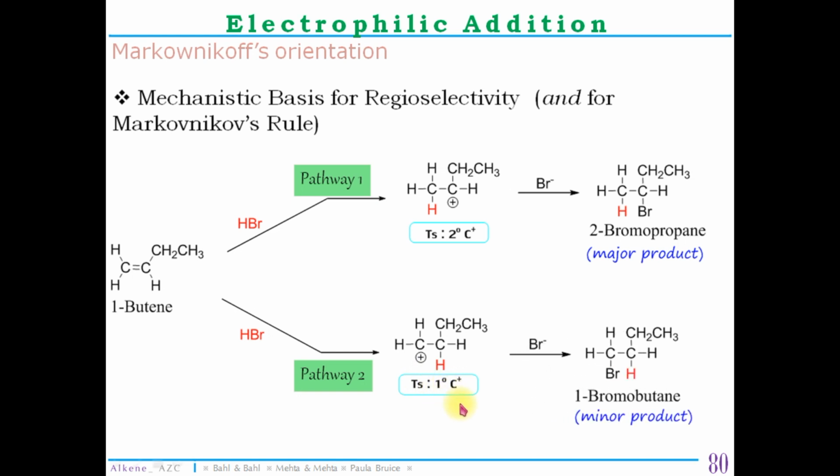Now in the second step, bromide adds to this carbocation which gives 1-bromopropane, which is the minor product in this particular reaction.